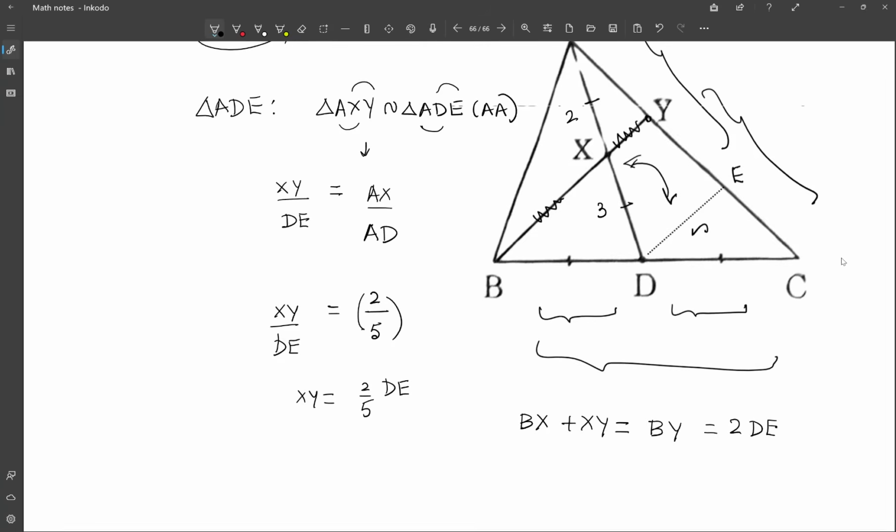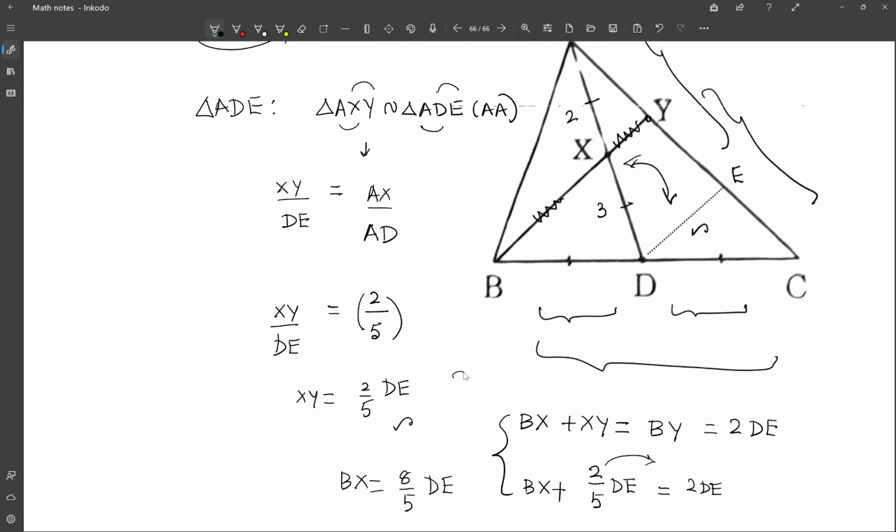And XY is 2 by 5 times DE. So BX plus 2 by 5 DE is equal to 2 DE. If you interchange the terms, you get BX equal to 2 DE minus 2 by 5 DE, which is equal to 8 by 5 DE.